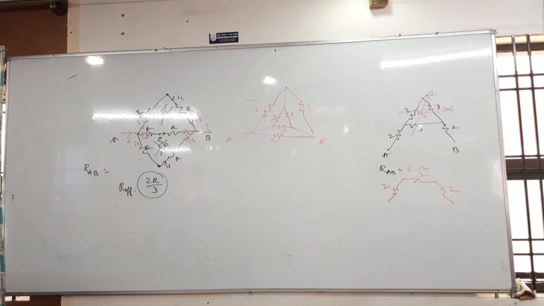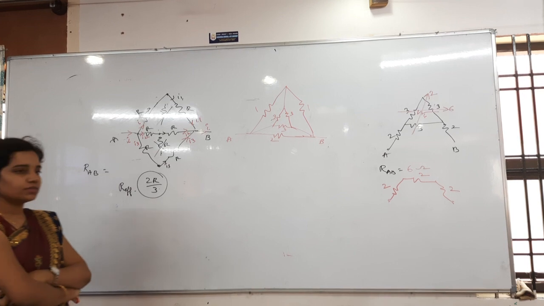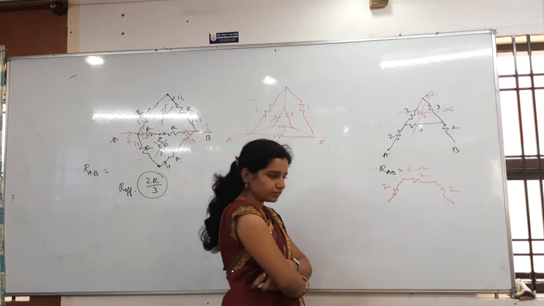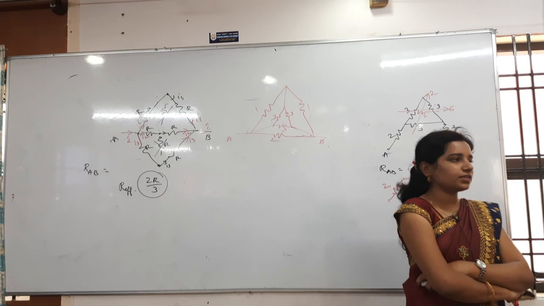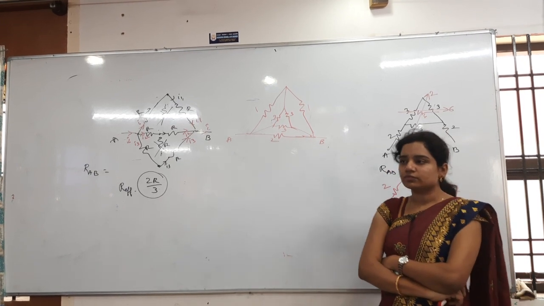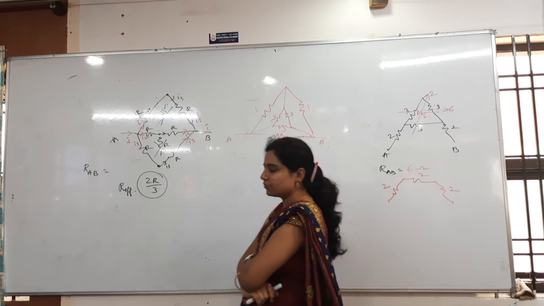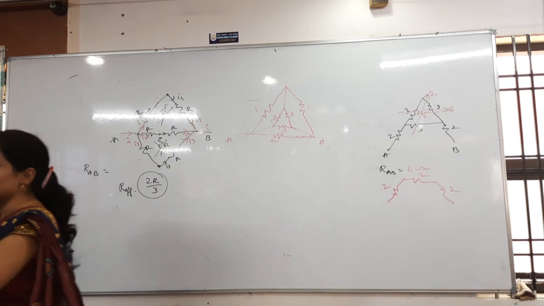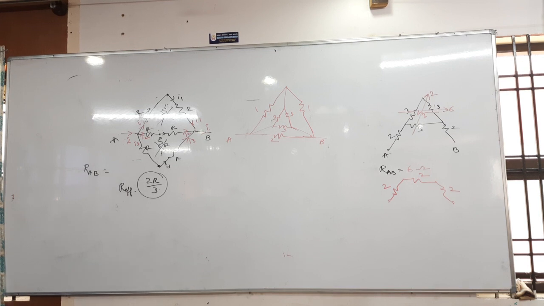First of all, I understand which connection you have to remove here. You have to remove the connections here. 2 by 3R. 2 by 3R is the correct answer. If you see the current mapping, then only you can understand that, otherwise you cannot get the answer. You have to remove just a connection, that's it.